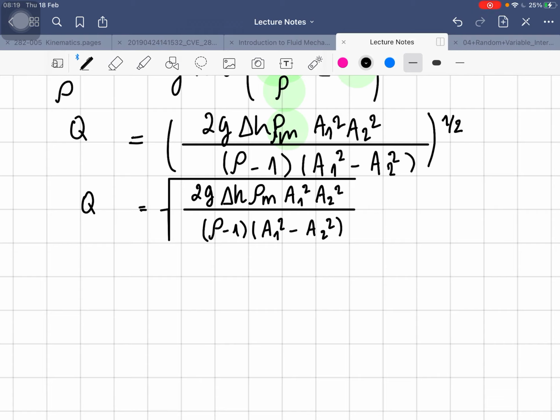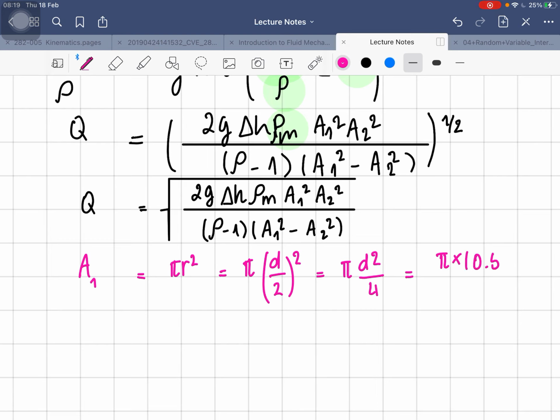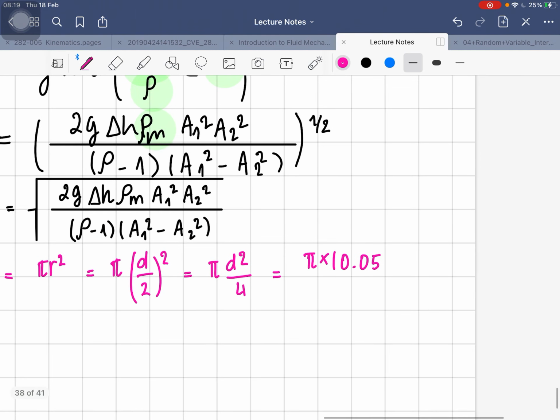A1 here equals to pi r square, or we can say that pi d over 2 square. So we have pi d square over 4, which is pi multiplied by 0.5252 square over 4, actually it's 0.5 because centimeter to meter.